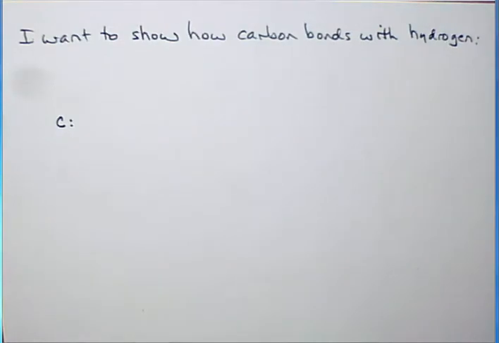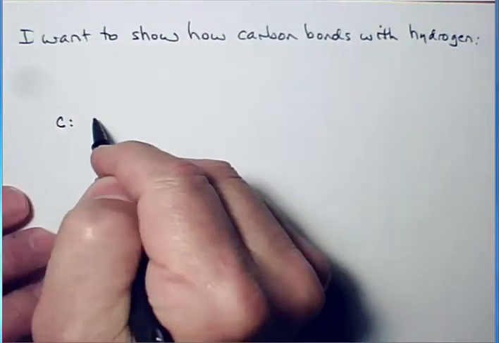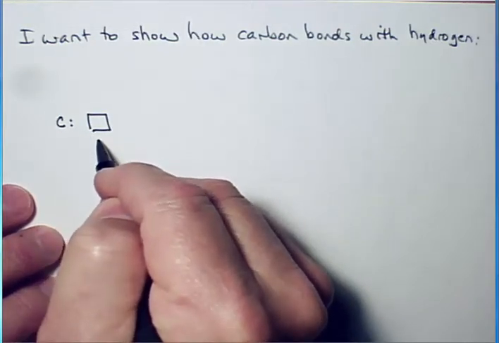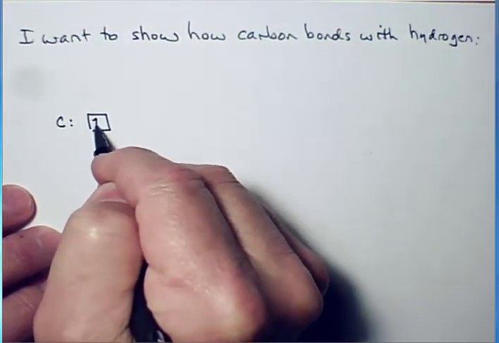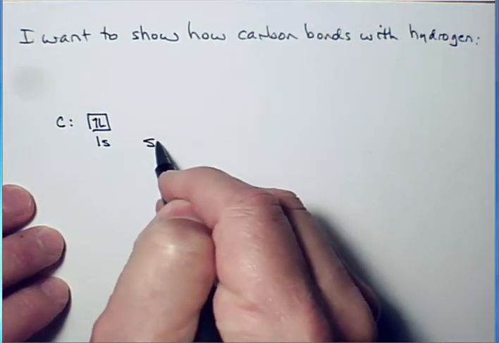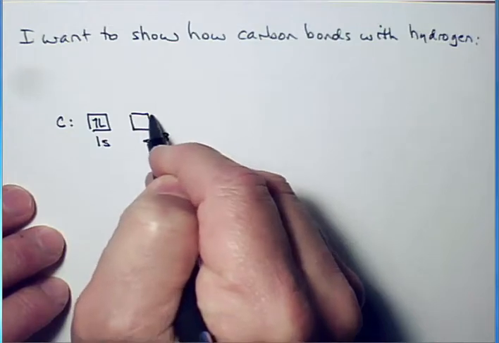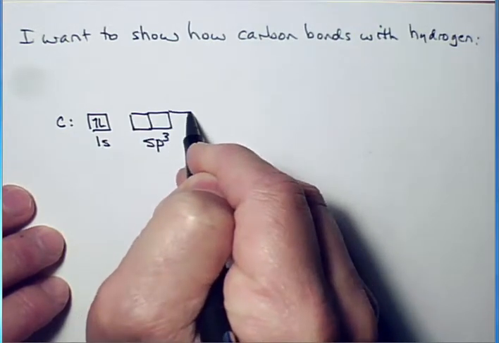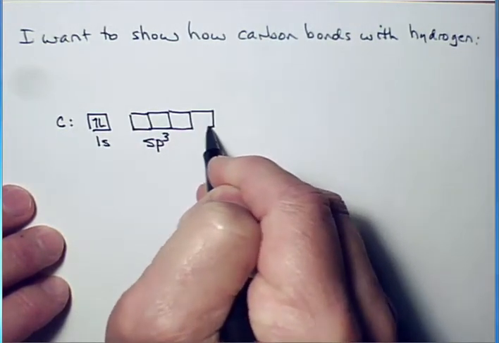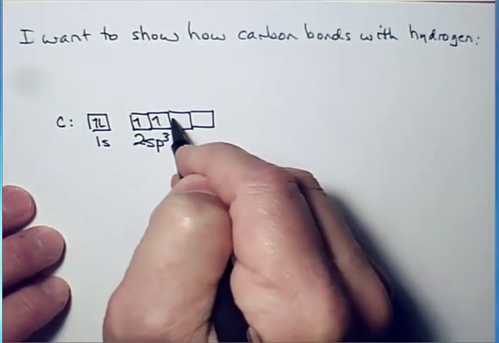So let's show this sp3 set of hybrid orbitals here. 1s remains unhybridized and it's not involved in bonding. And then we've got the sp3s, and we've got 1 electron in each of the sp3s.